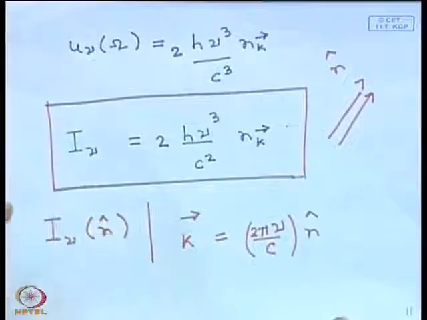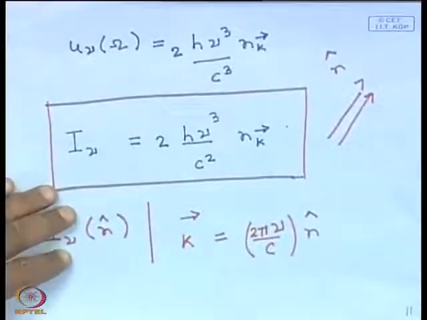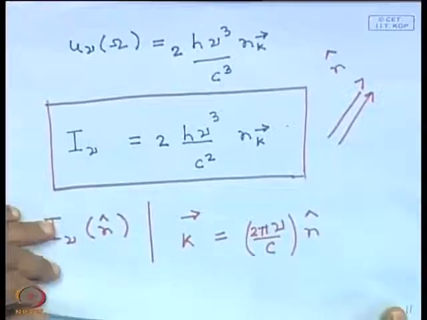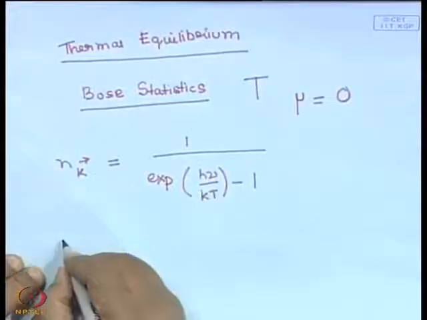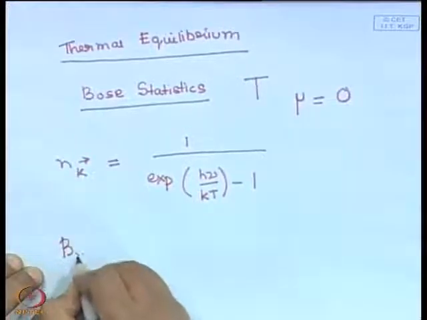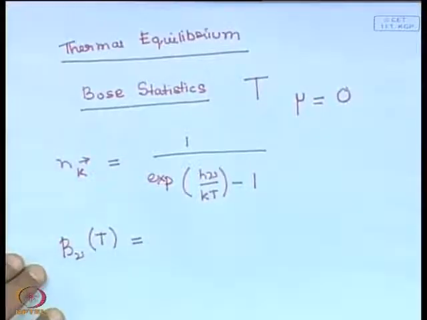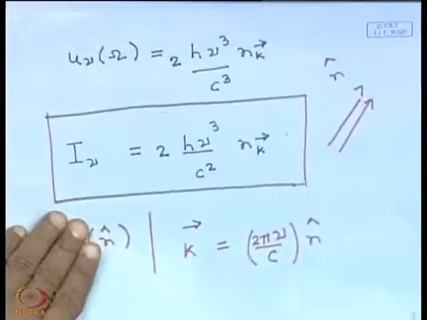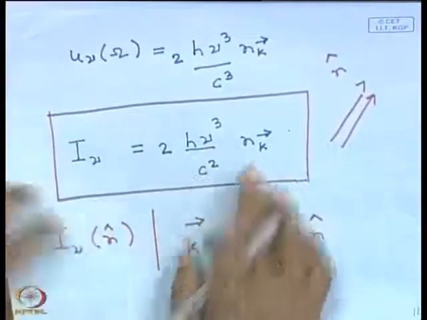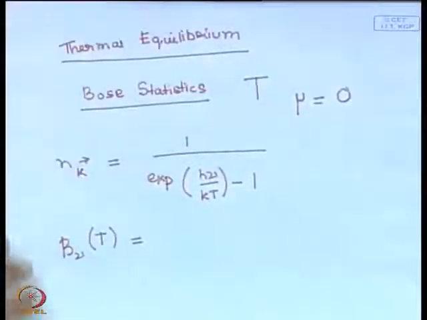These photons are in thermal equilibrium at temperature T with some material, right. Photons do not interact with each other, so they cannot come to thermal equilibrium by themselves. You require the cavity or some material which will bring it to thermal equilibrium. Once they come to thermal equilibrium, their occupation number is given by this Bose distribution, and we can straight away write down the Planck function, which is 2 h nu cube by c square into the Bose occupation number.